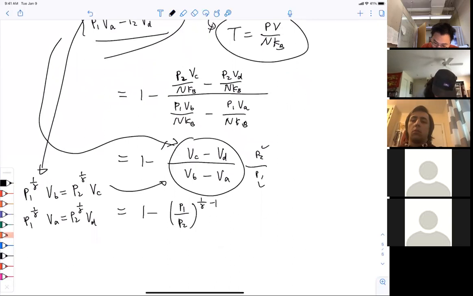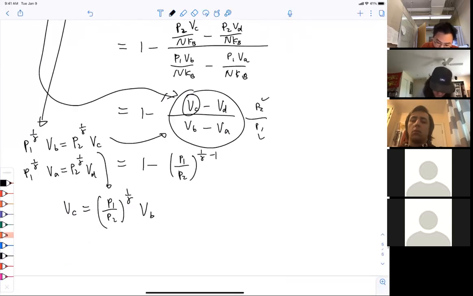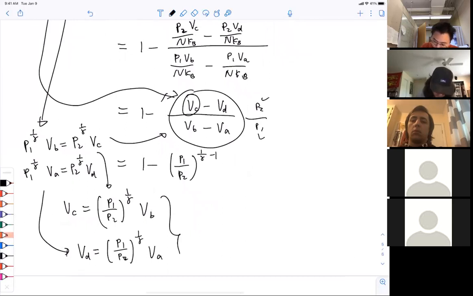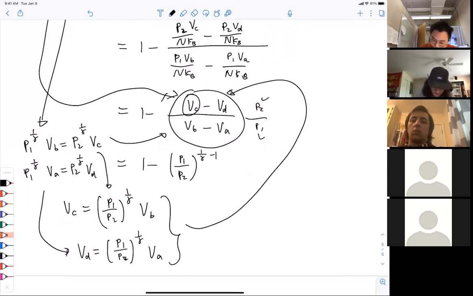For example, VC is (P1 divided by P2)^(1/gamma) times VB from the first equation. From the second equation, we know VD is similarly (P1 divided by P2)^(1/gamma) times VA. Then plug those two equations into the numerator.